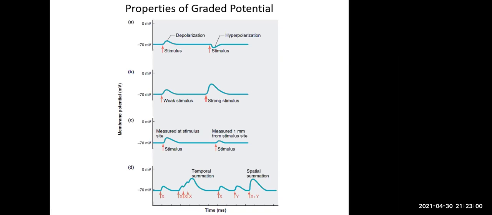This local or graded potential can be summated by repetitive stimulus. Suppose you are applying a subthreshold or subliminal stimulus. It can be summated. If you apply it continuously and repeatedly, temporal summation happens.